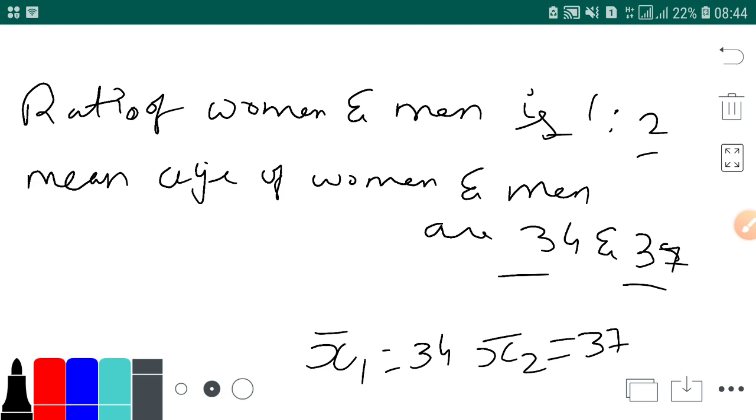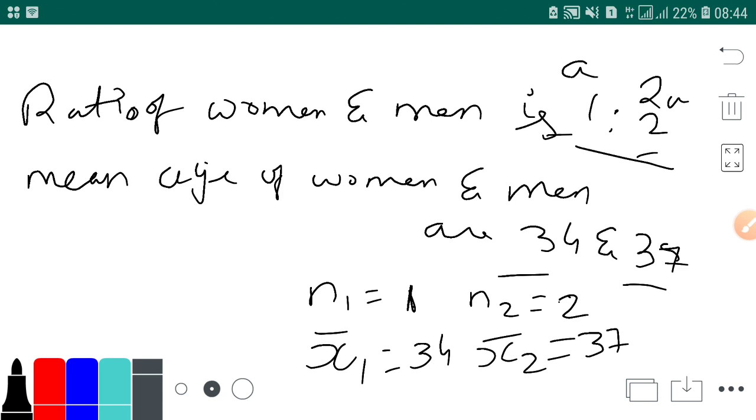What should be n1 and n2? If there is any proportion, you can take this as 1 and this as 2. We don't know n obviously, it can be any other digit, but if there is a proportion, you can take 1 and 2. You can take 2 and 4, 5 and 10, or 10 and 20 also. Or you can take A and 2A.